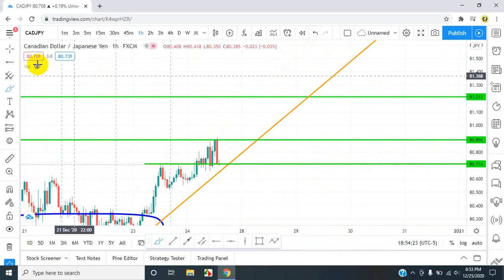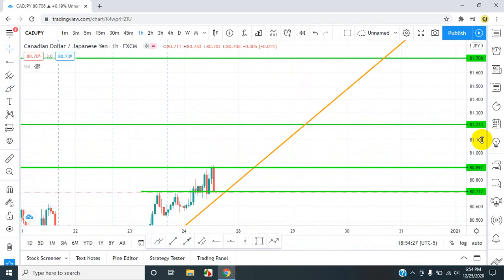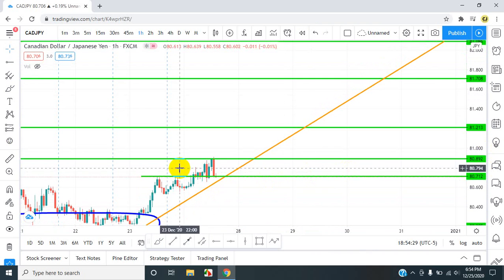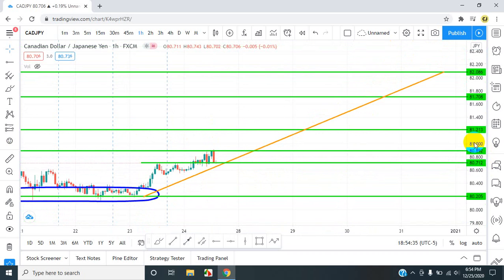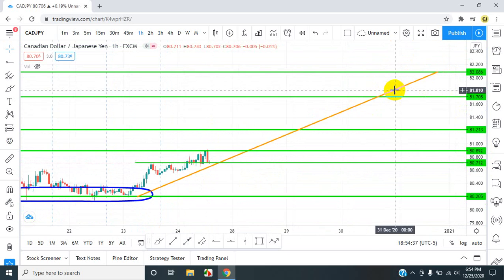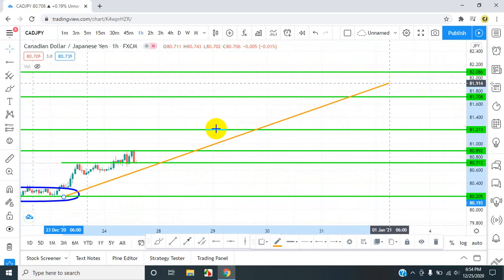So let's take a look at our areas of take profit if the market chooses to ride up our trend line. It is never perfect. It could be slanted more. We could always slant the line more, so it may consolidate for the next few days within here. I think we have a 4-day weekend: Thursday, Friday, Saturday, and Sunday.